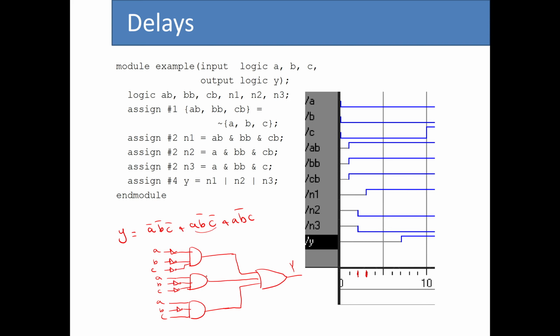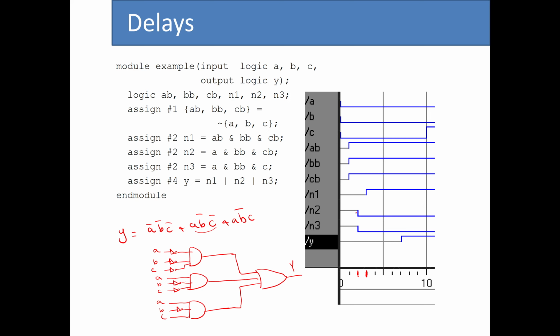That's why the result of this AND gate appears sooner. The same is true for this one too. A and C don't have to go through this inverter. They are directly connected to this AND gate. And you remember, 0 was the null element of the AND gate. So if any of the inputs is 0, the output is going to be 0 no matter what. That's why we have this different delay for the result of N1, N2, and N3.